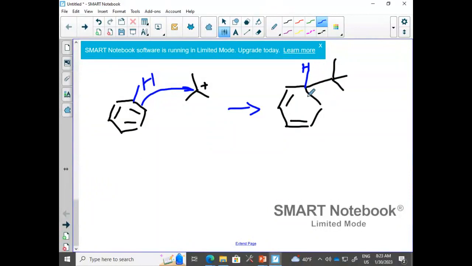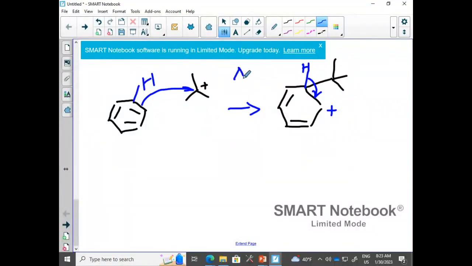And then this is the rate limiting step, and this is the sigma complex. Obviously the next step is to lose a proton.